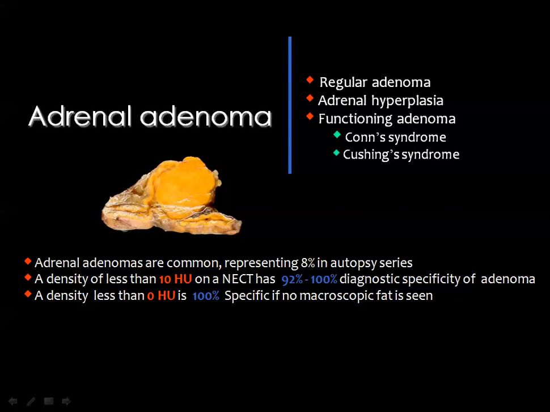The functioning adenomas are encountered in cases of Conn syndrome or hyperaldosteronemia and the Cushing syndrome. So in order to diagnose the commonly seen adrenal adenoma, which is the lipid-rich adenoma, there are certain criteria for the diagnosis. These adrenal adenomas in general are common, representing about 8% in autopsy series.